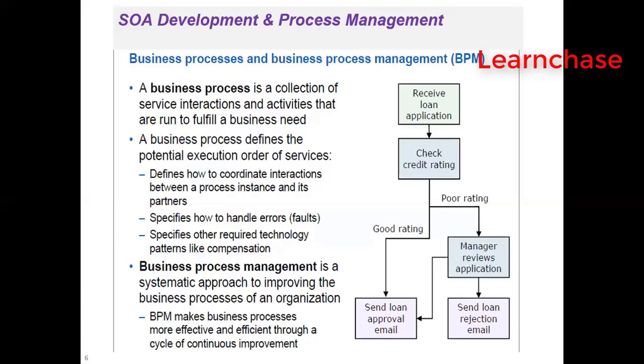So looking at this diagram, the check credit rating step might need to interact with an external system to retrieve the credit rating of this particular customer who has applied for a loan. And when we need to talk to external systems, or systems within the organization, using the system layer, that's where your SOA or the integration patterns come into the picture.